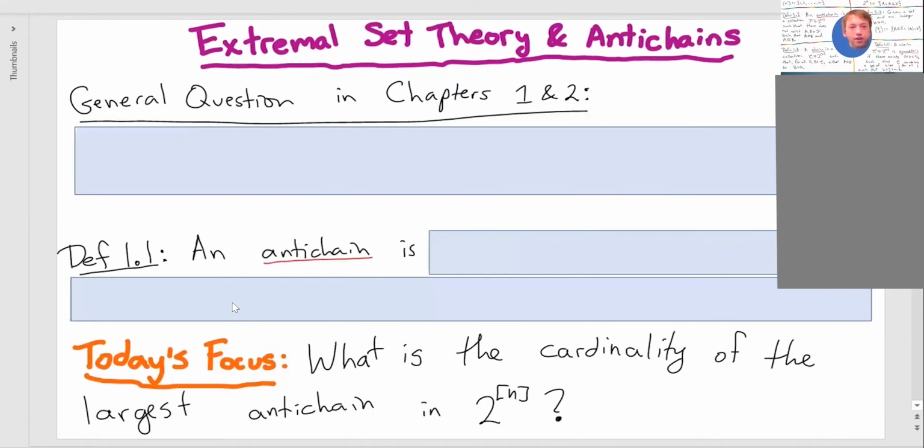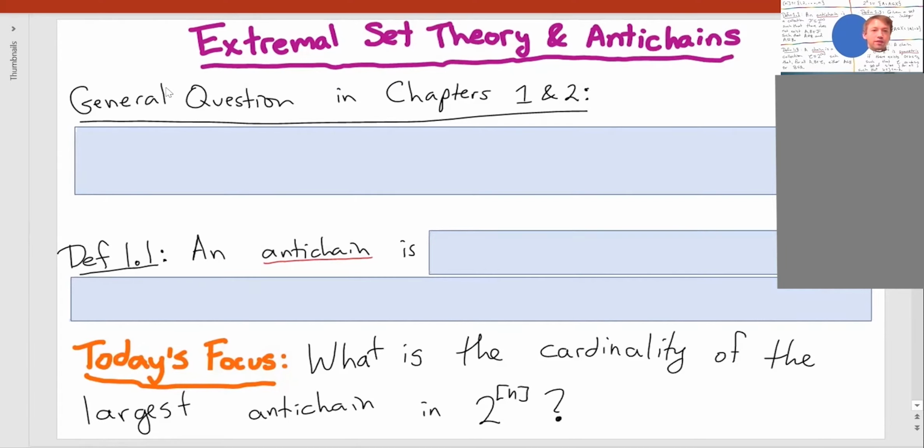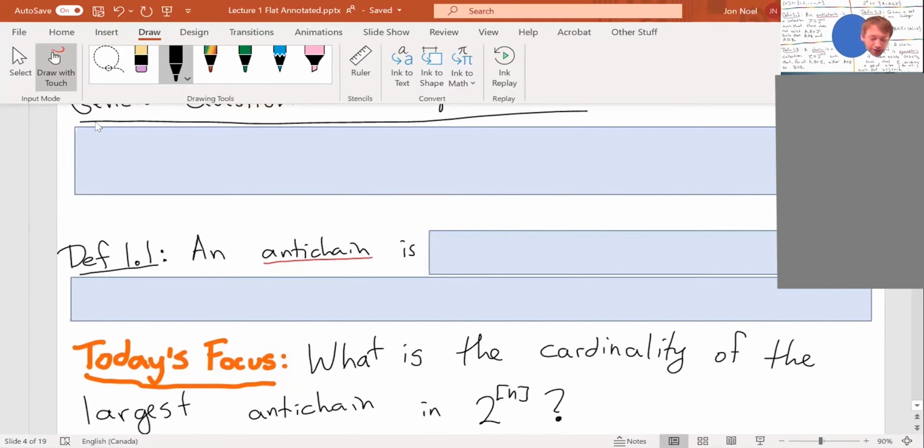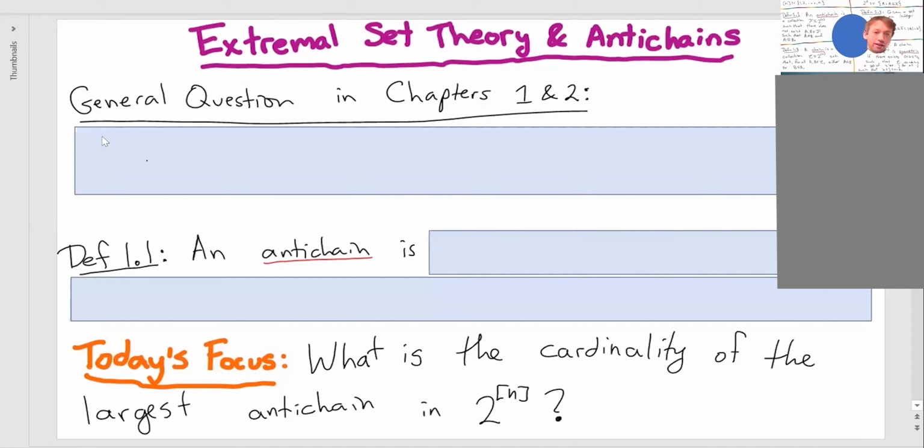Okay. So the general question in the first 2 chapters of the notes, the chapters on extremal set theory, is basically what is the maximum, or minimum, maybe just maximum. What's the max size of a collection of sets?